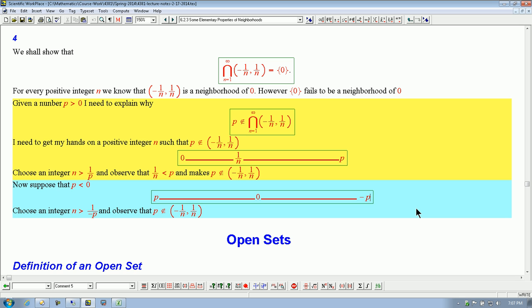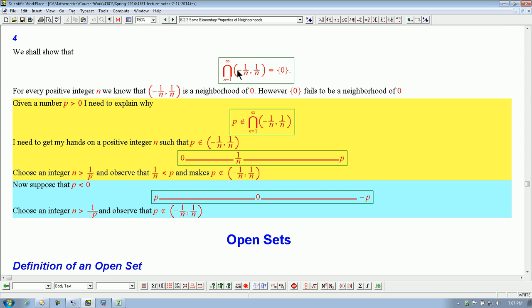I want you to please work on this and see that no numbers can belong to that intersection except for, what's the only number in that intersection? 0. That's what I'm saying.